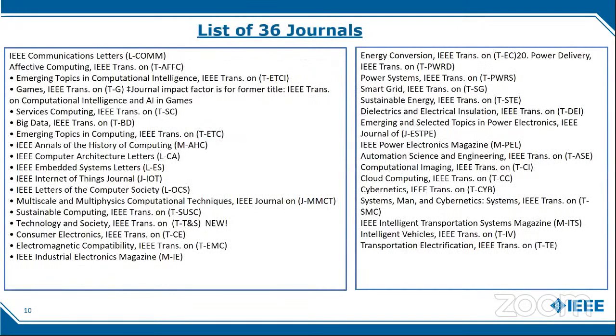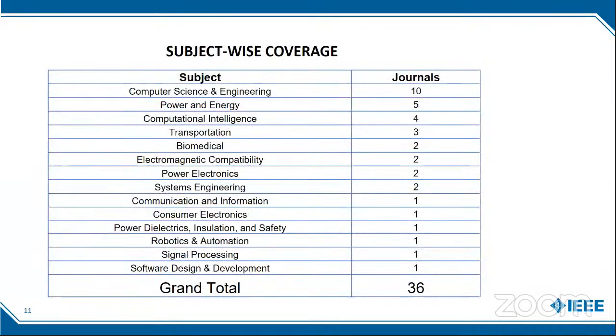This is a quick snapshot of your 36 journals, and I will share this presentation with all of you so that you don't have to remember all these things. So you can quickly take a sneak peek at this. And these journals are coming out of these subject areas.